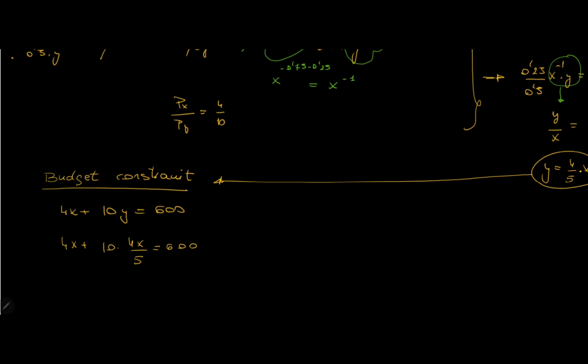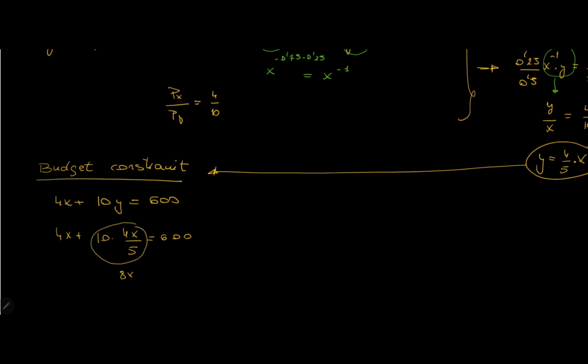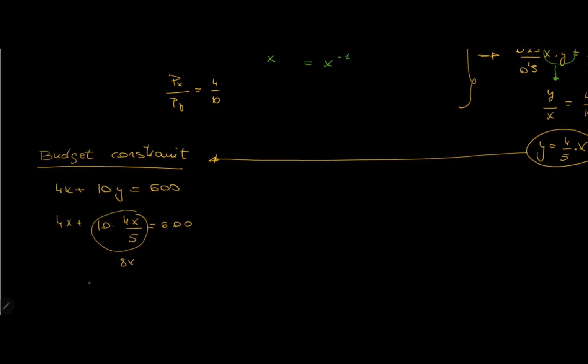So this turns into 8x. So it's 12x equals 600, so x equals 50.